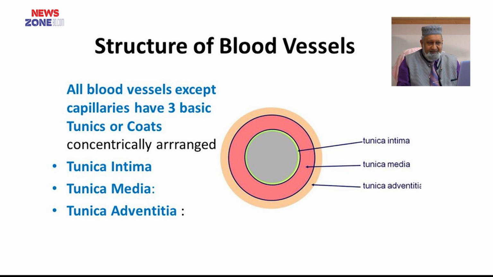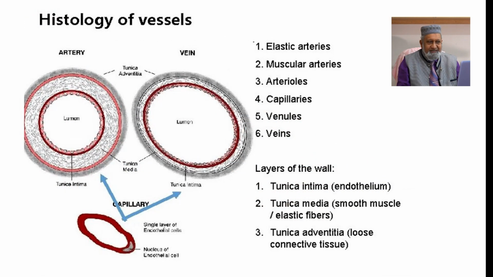All these blood vessels, except capillaries, have three basic coats concentrically arranged: tunica intima, tunica media, and tunica adventitia. And regarding the histology of the vessels, we have elastic arteries, muscular arteries, arterioles, capillaries, venules, and veins.